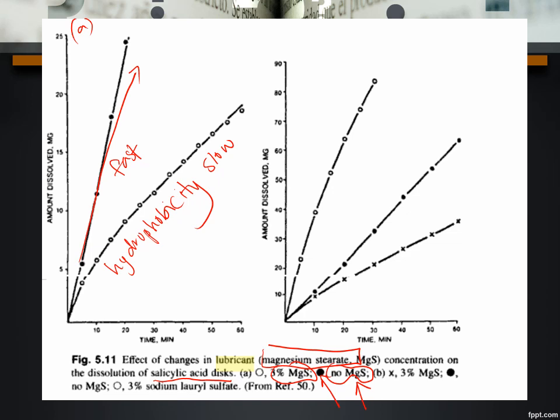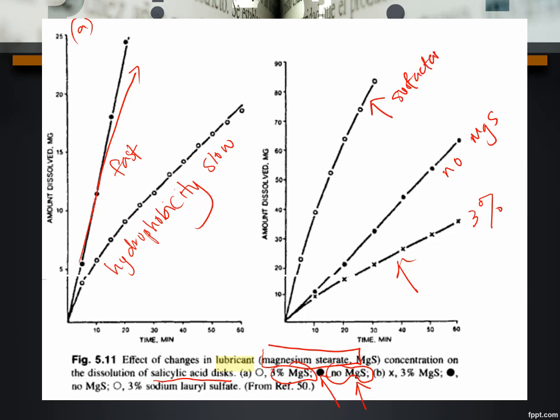The same thing happened to graph B. Here is no magnesium stearate, and when you have 3% of magnesium stearate, this is 3% of magnesium stearate, and this is no magnesium stearate, and this is with surfactant.